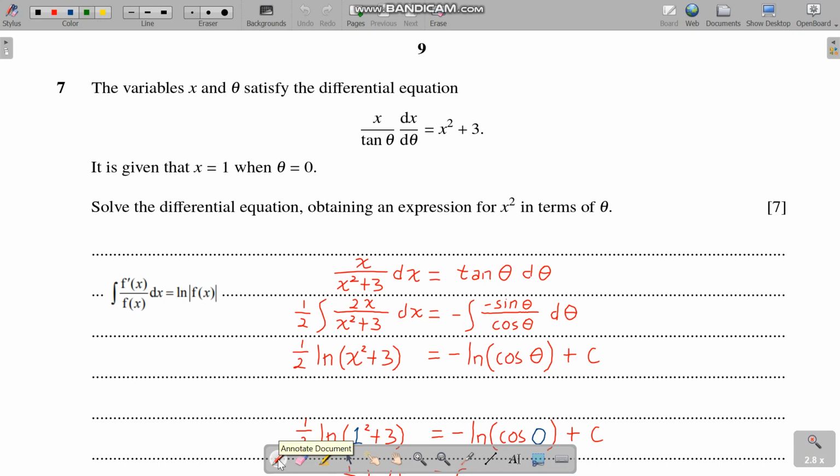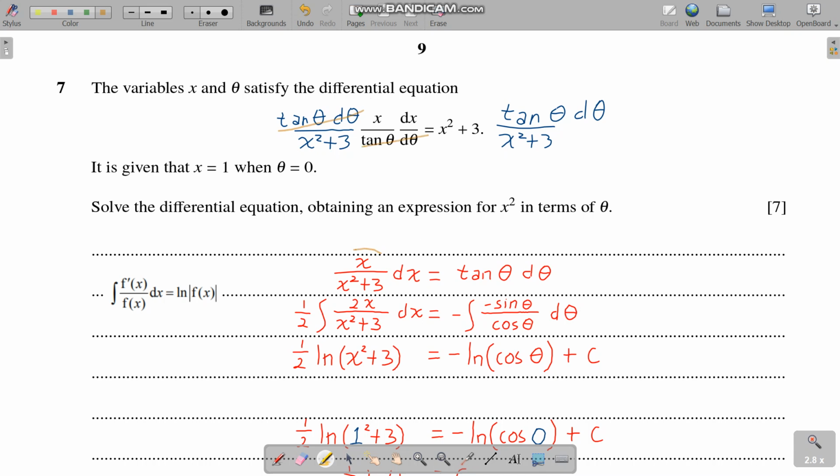So we have to make everything with x on one side, everything with theta on the other side. So here let's make everything with x on the left. What we do is we divide both sides by x squared plus 3, and we multiply both sides by tangent theta d theta, because after we do this we can cancel out tangent theta d theta.